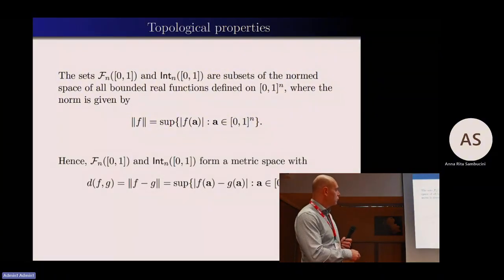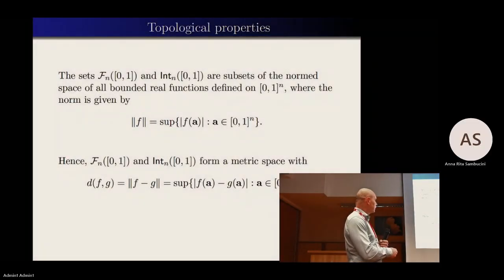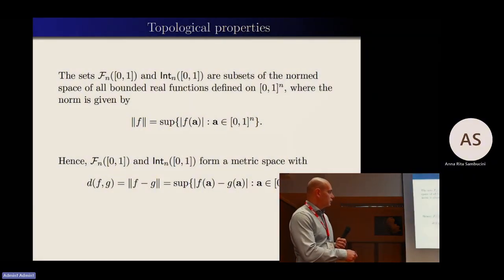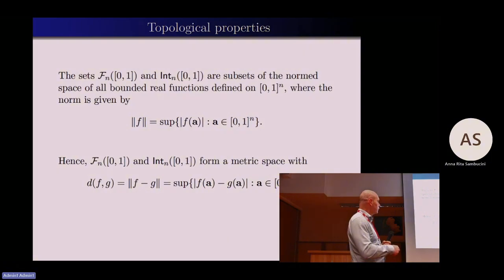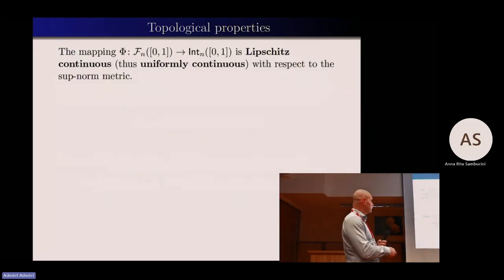So this is the well-known norm, and according to this norm, this space forms a metric space. The metric is given as the norm of the difference of these two functions, that is, the supremum of all these absolute values.